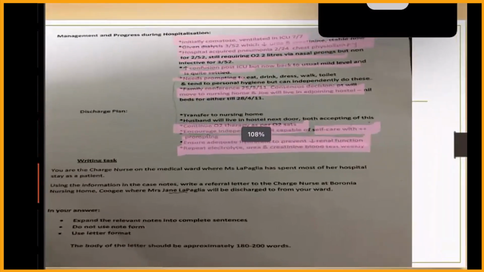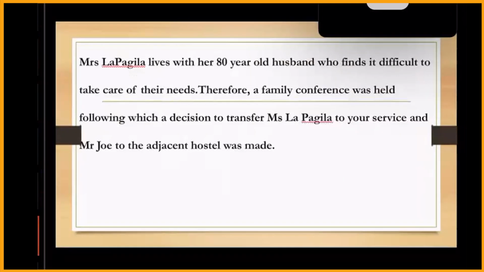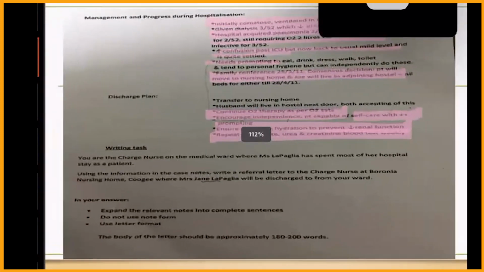Therefore, a family conference was held, in which a decision to transfer Miss La Pagela to your service and Mr. Joe to the adjacent hostel was made. See, you can read it. Clear? Yes, ma'am. So we have only the plan left, isn't it?